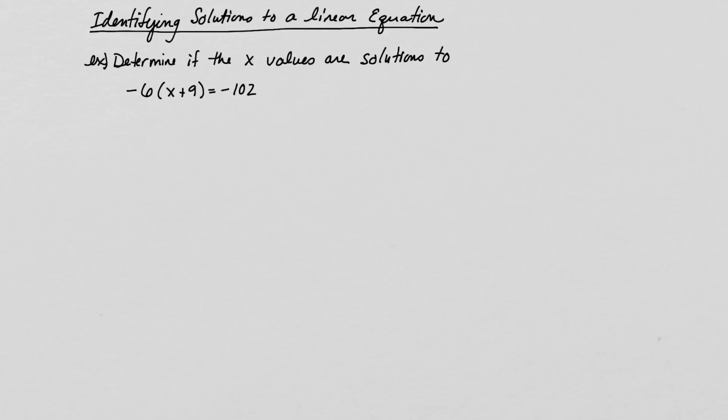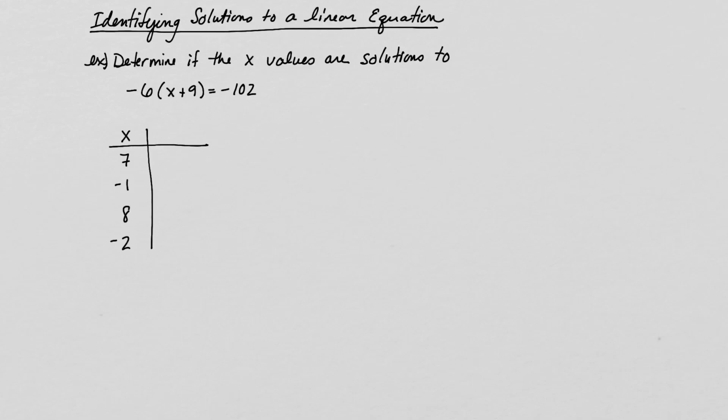And the x's that we're going to look at are x equals 7, x equals -1, x equals 8, and x equals -2. And then we're going to determine solution or not.